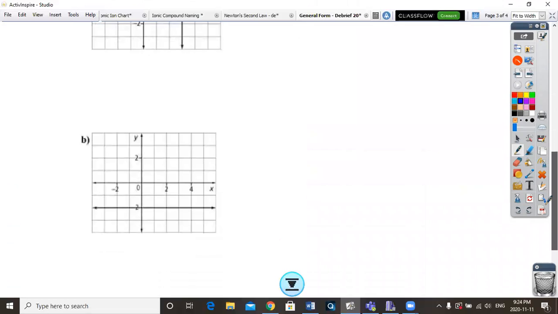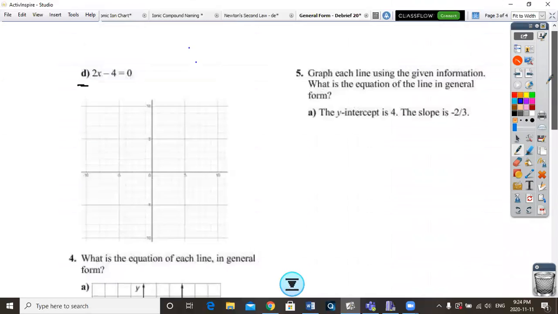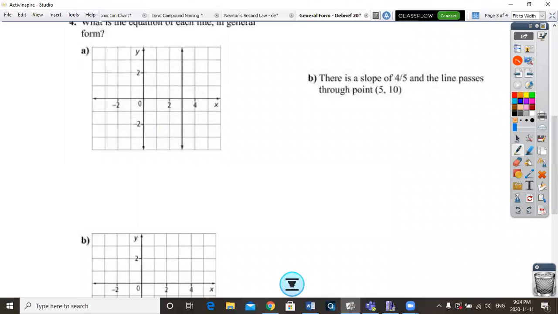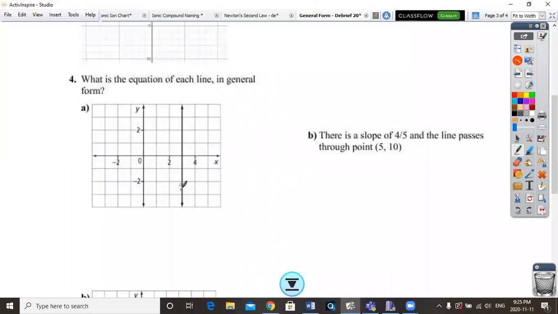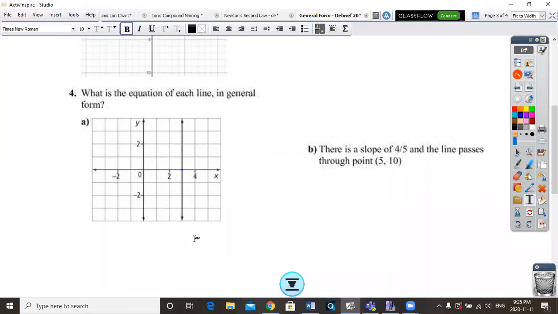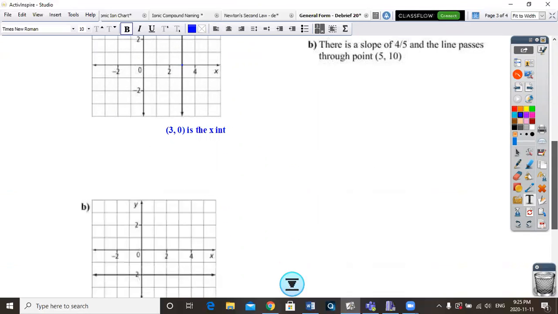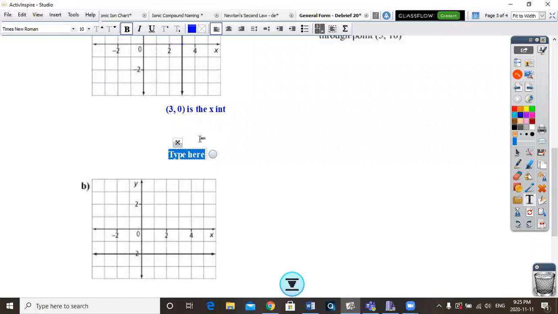Okay, so here we're now going to recognize a graph, and here we have a vertical line. So we have an x-intercept of 3. So our x-intercept is (3, 0). And there's no y value, it's a vertical line.